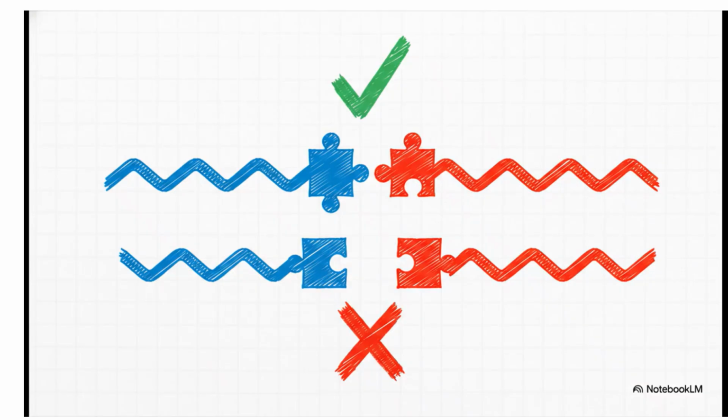And that leads us to the single most important rule for these kinds of functions. The overall limit at a point only exists if the answer from the left is exactly the same as the answer from the right. They have to agree. In our example, we got 3 from the left and 4 from the right. Since 3 does not equal 4, the overall limit at x equals -2, well, it just doesn't exist.